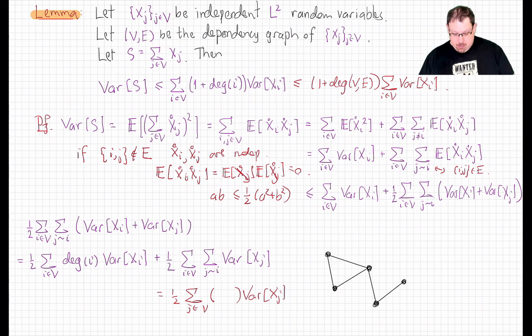How many times will we count each variance term inside this sum? Well, what we're doing is, for a fixed i, we're including the variance of Xj for each j that is connected to i. Let's think instead about a fixed j. How many times is the variance of Xj going to get hit in that sum?